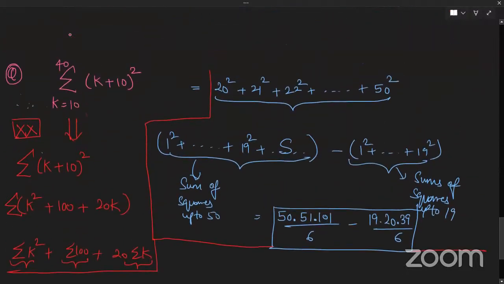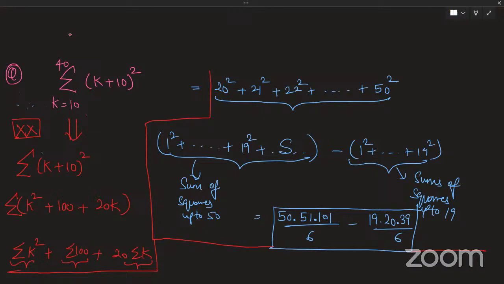Sir, how is the 39? Where? This 19, 20 and 39. What is the formula for squares of first n natural numbers?